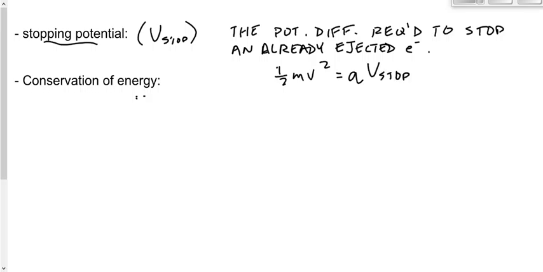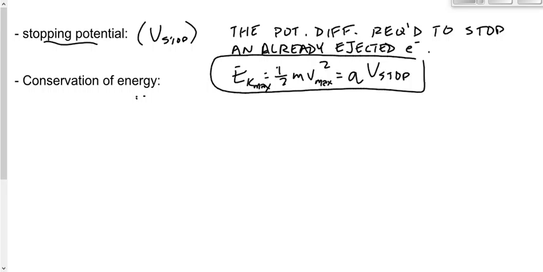Now, Ek is 1/2 mv squared, so I'm going to actually say that Ek max, the max kinetic energy of the electron that's been ejected, is 1/2 mv squared, but it also corresponds to Q times the stopping voltage. Because as the electron stops, the kinetic energy is converted to potential.